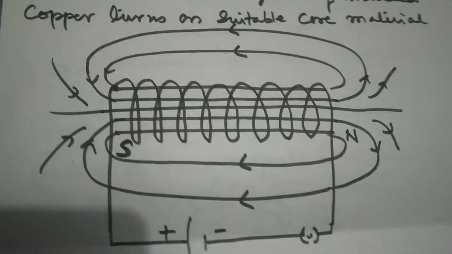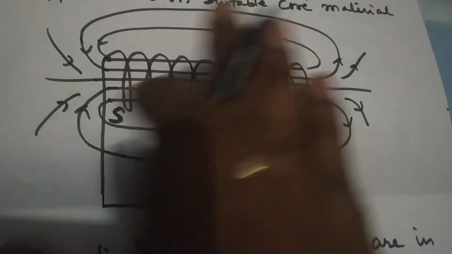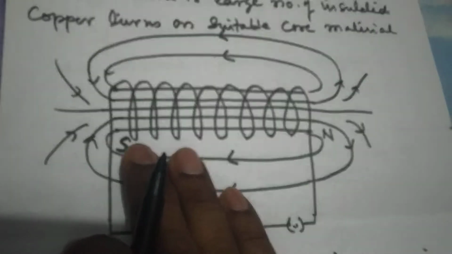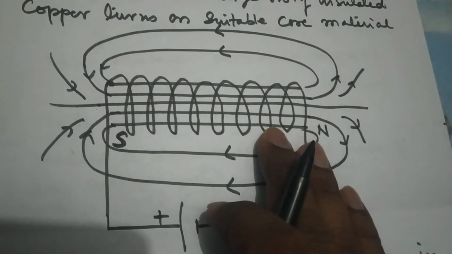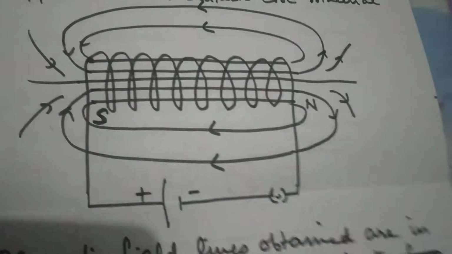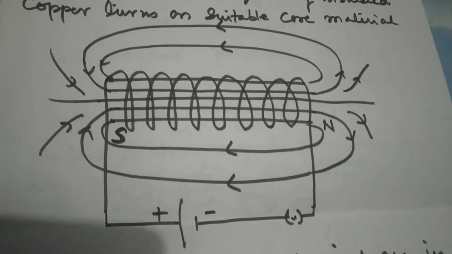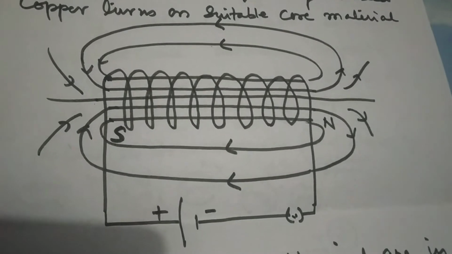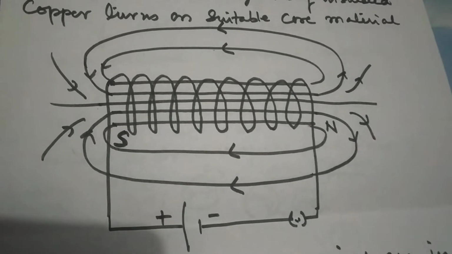And as soon as we make this arrangement, this particular long and large number of insulated copper turns will be known as a solenoid. So solenoid is a long coil made by large number of insulated copper turns on a suitable core material.